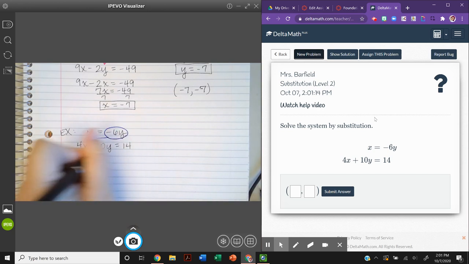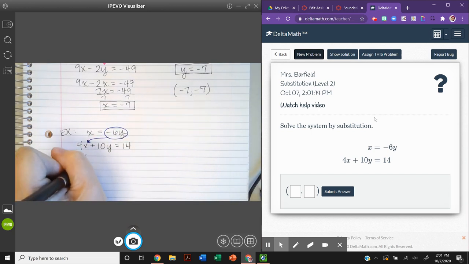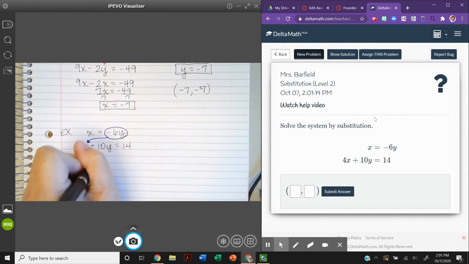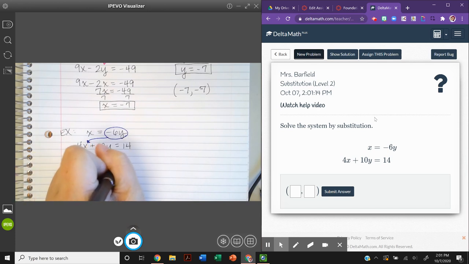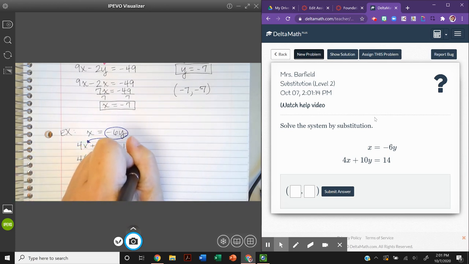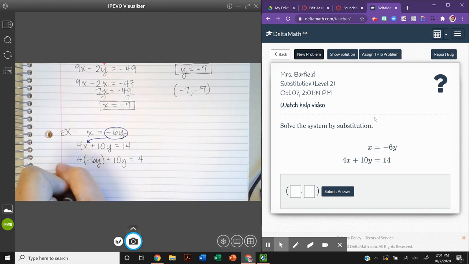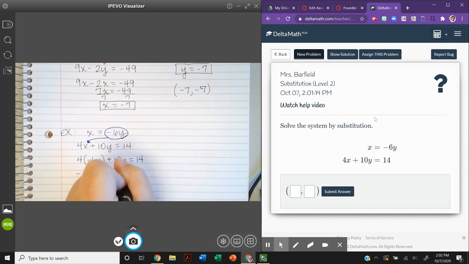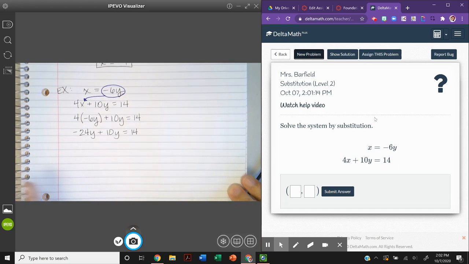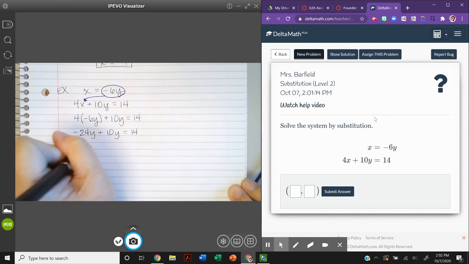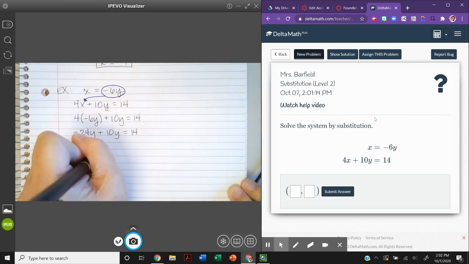So that means my new equation is 4 parentheses negative 6y plus 10y equals 14. So I'm going to clean that up. So I get negative 24y plus 10y equals 14. Now I'm going to combine like terms. So I get negative 14y equals 14.